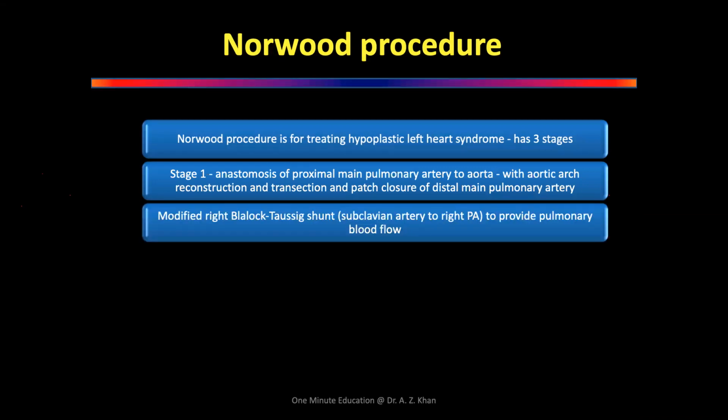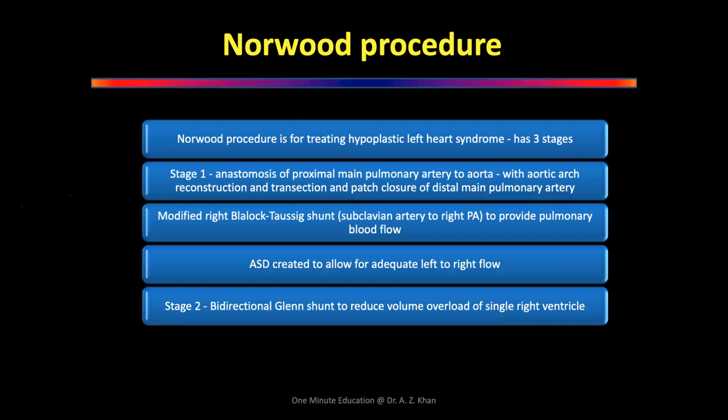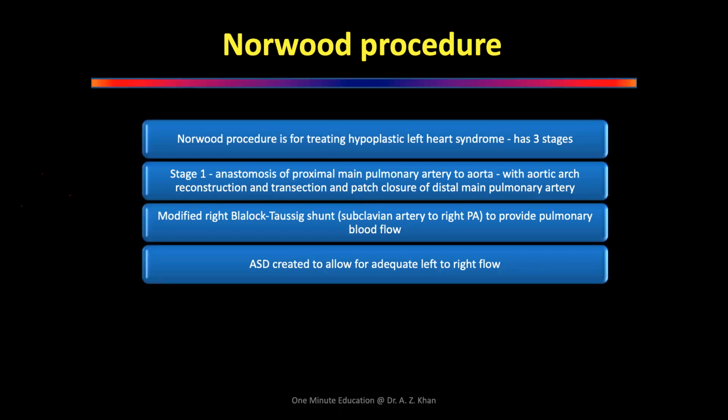A modified right BT shunt, which is subclavian artery to right PA, to provide for pulmonary blood flow. ASD is created to allow for adequate left to right flow. That is the stage 1.